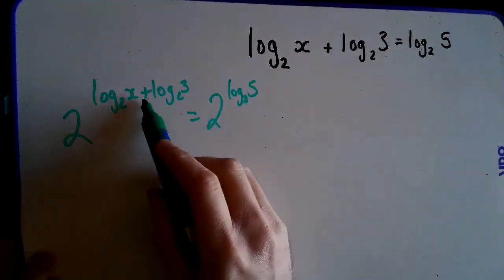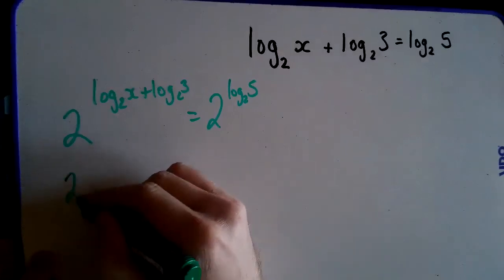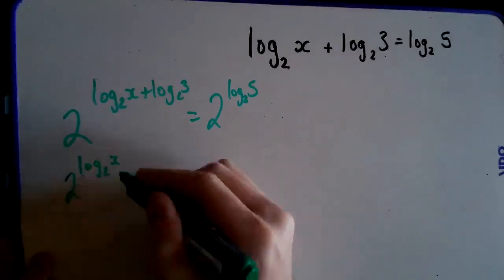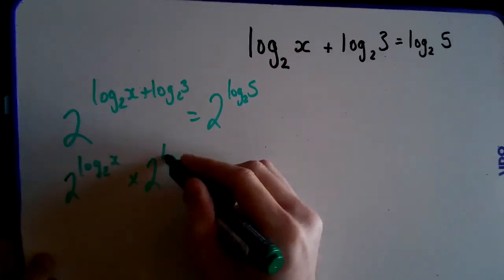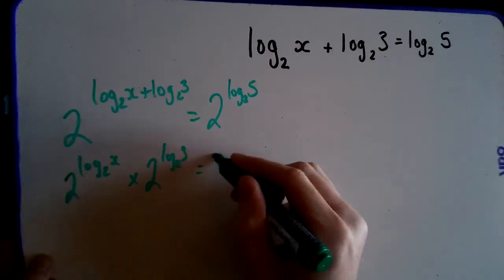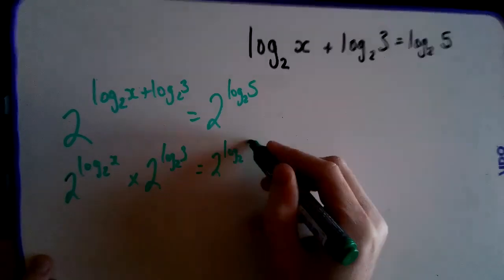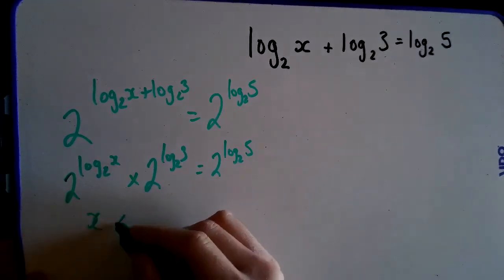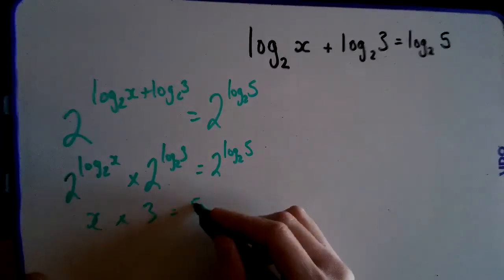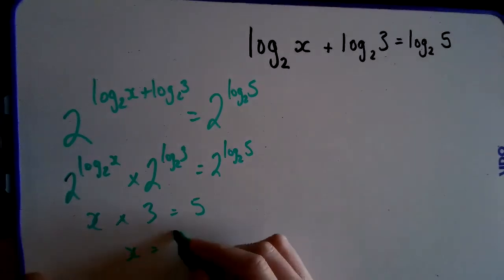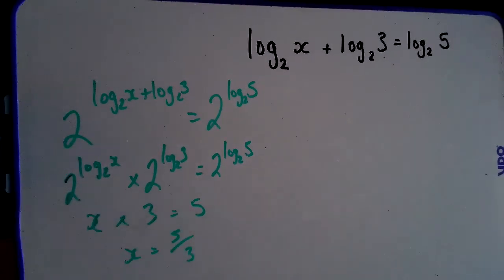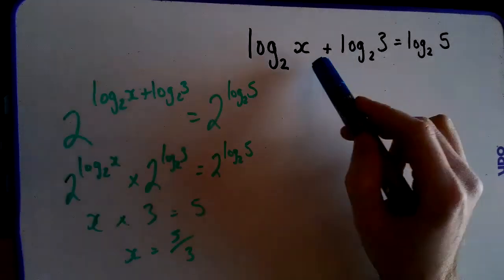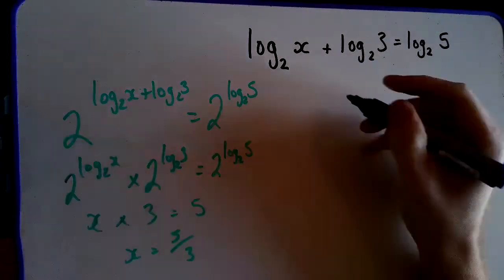I can then split this add up into a times, so 2 to the log 2 of x times 2 to the log 2 of 3 equals 2 to the log 2 of 5. Now the 2 to the log 2s cancel out, so I get x times 3 equals 5. So x is 5 over 3. The quicker way I was talking about is we've got a rule for when we're adding logs, we can times them together.